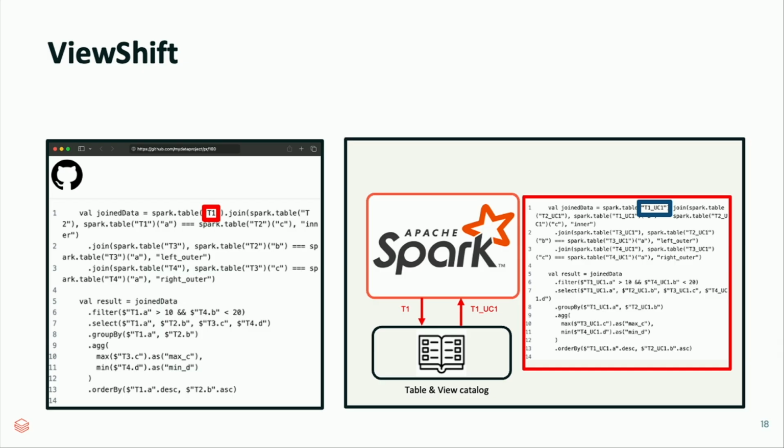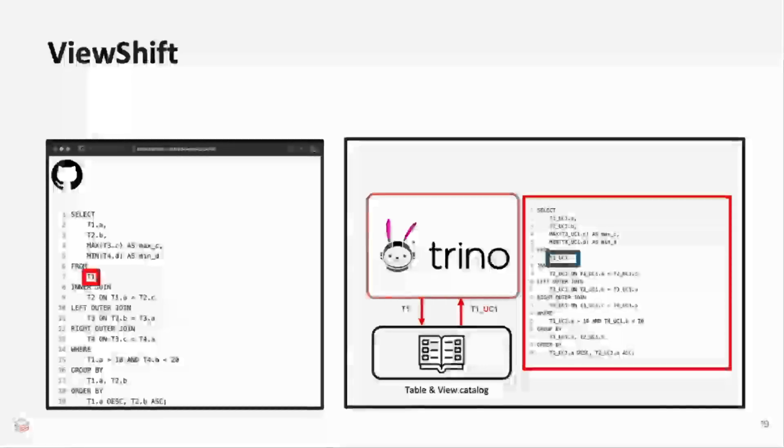So even though the user sees in their application that they are accessing table 1, what runs on the execution side is actually a different logic that applies and injects the query rewrite on the fly. This principle is also applicable across engines. Trino also has a connector that depends on metadata stores and allows them to resolve tables and views.